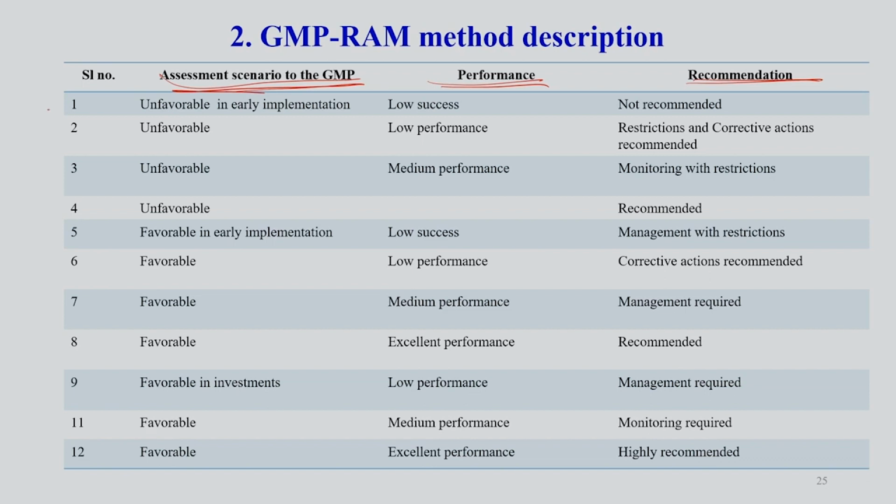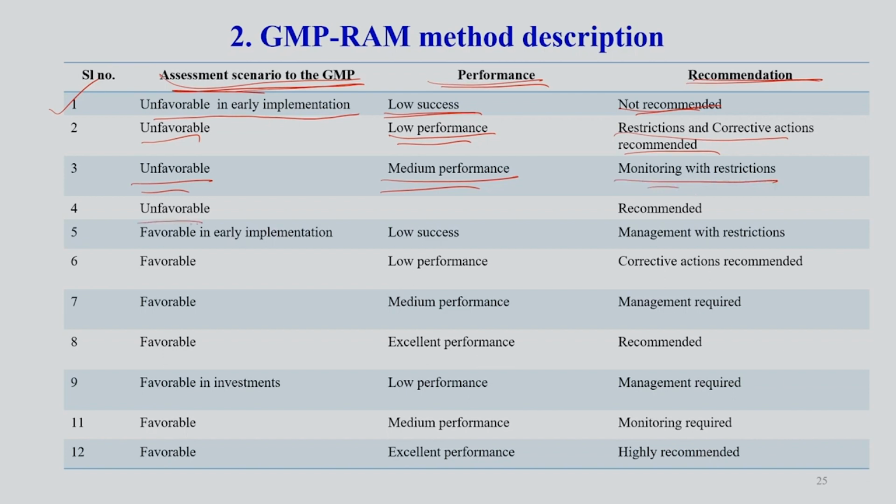Say suppose the assessment scenario is unfavorable in early implementation. So, it is low success and you do not recommend. Unfavorable, again low performance: restrictions and corrective actions are recommended. If you find again unfavorable with medium performance, you recommend monitoring with restrictions.